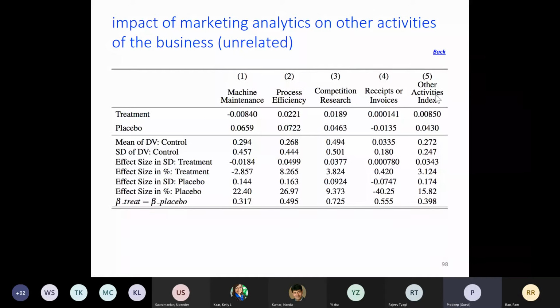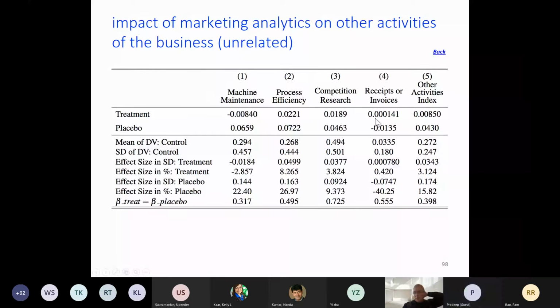Over here, we see that there's not much of a change in these things, which are completely removed from the activities that are directly relevant to either marketing or the numerical, finance-related activities.